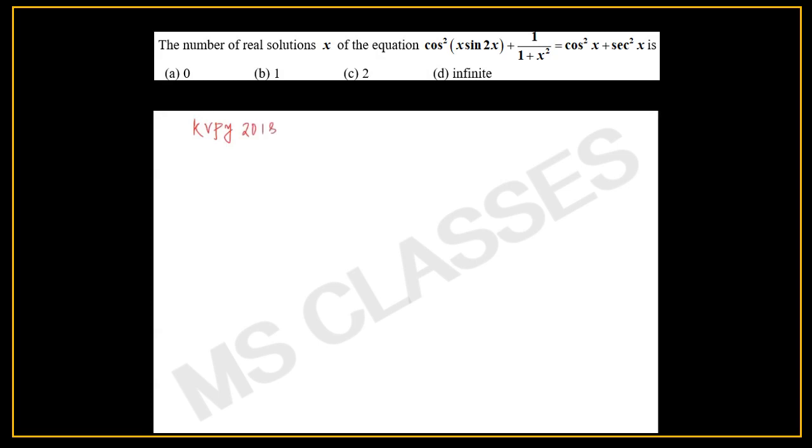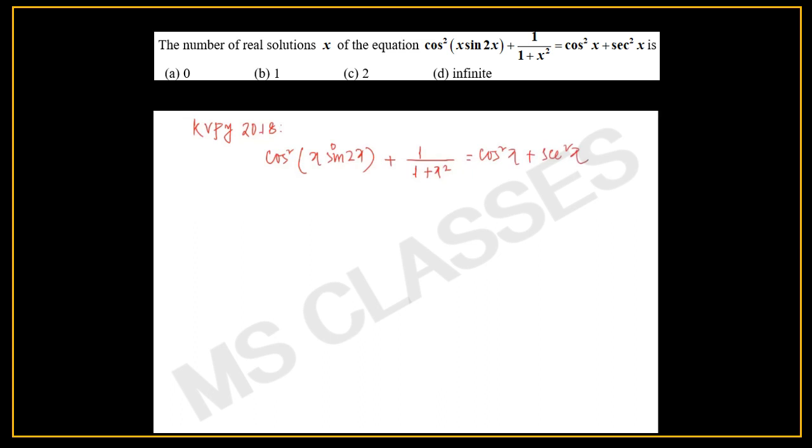KVPY 2008. Number of real solutions of the equation cos square x sine 2x plus 1 by 1 plus x square equals cos square x plus secant square x.